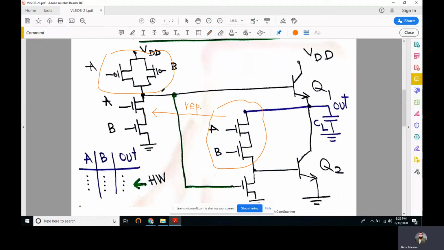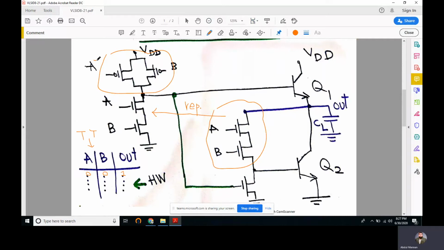We can use this circuit to verify the truth table of NAND 2. You know that once we have this as 0, this as 0, the output should be a 1. We can verify that, and it's actually a homework for the students.